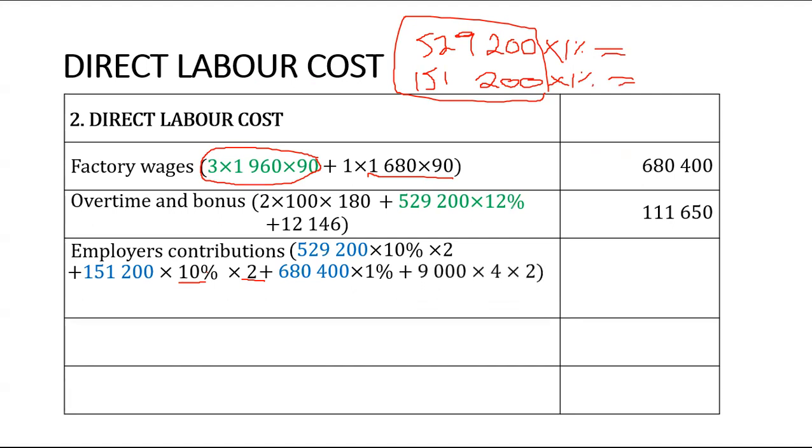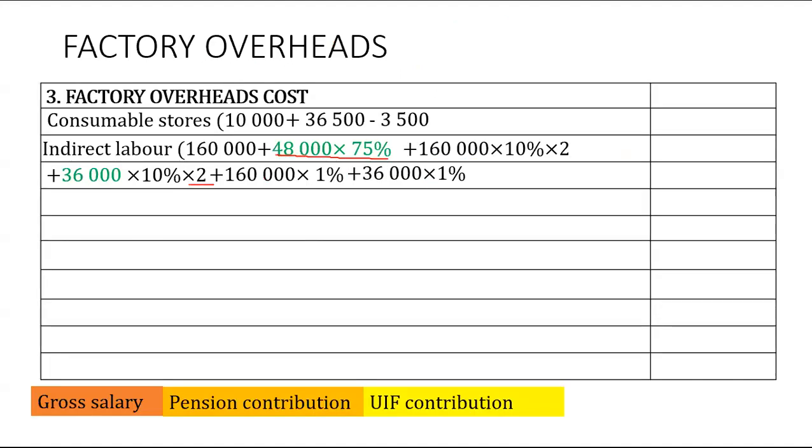So all I have to do is to multiply it by 2 to get the 2/3. Now we have 4 employees. That's why I multiplied it by 4. But this 2 means that we are looking for what the employer contributed. We're going to do the same thing with our factory overheads. We had 2 people here, which was the factory foreman. So basically the factory foreman contributed 9,000.